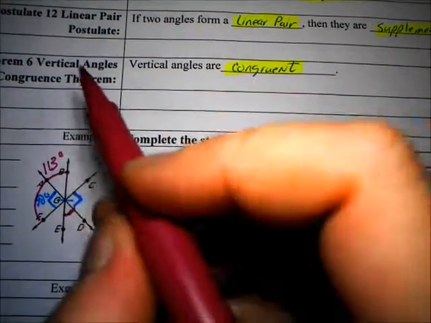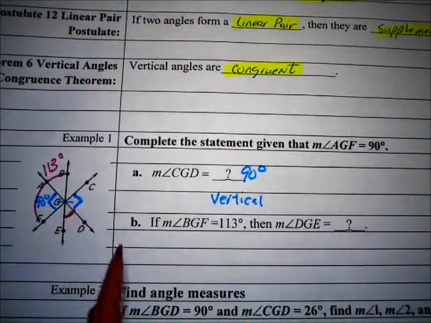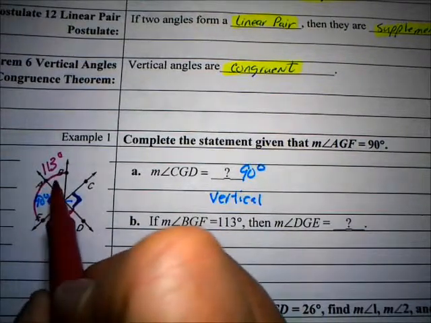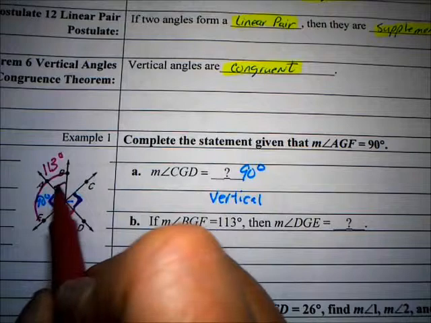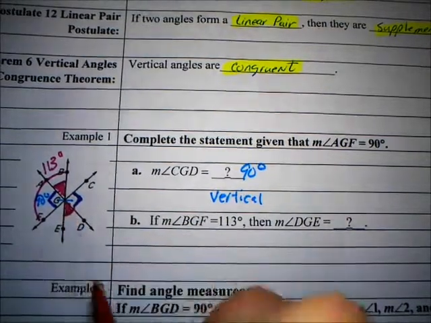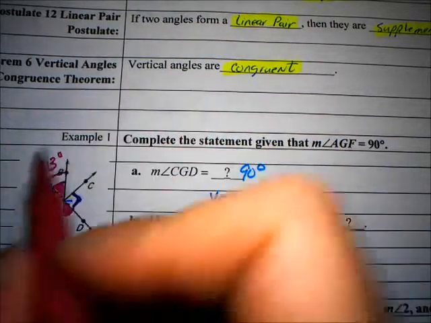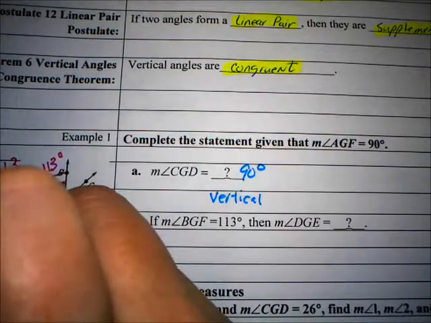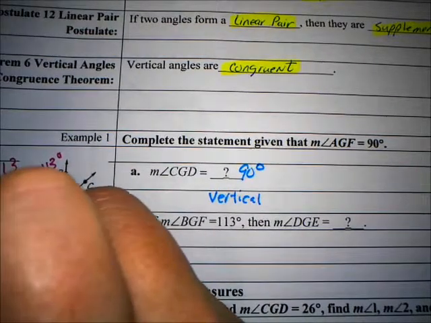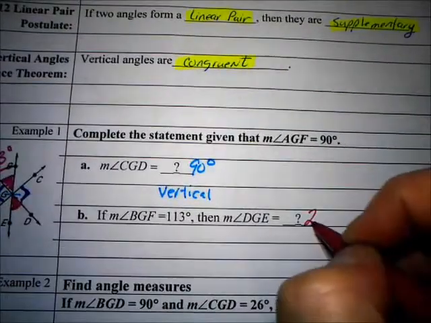Well, now looking at it, I was trying to analyze it just a little bit. Since this is 90 and this part's 90, 113 minus 90 would be this angle inside here, which is vertical to this angle, so they should be equal to each other. So if I take 113 and subtract 90, it looks like it's going to be 23 degrees.